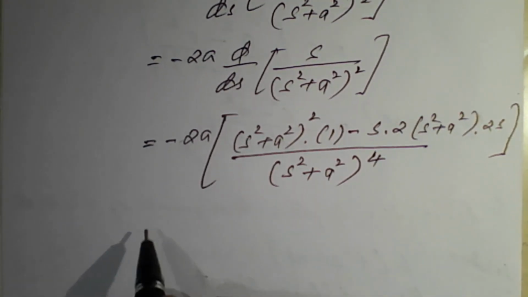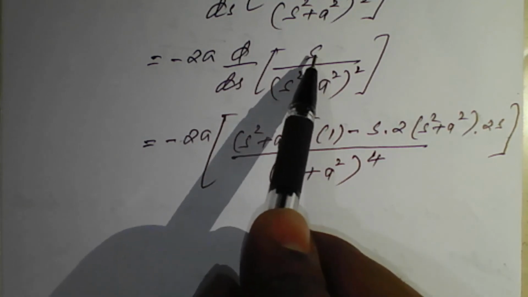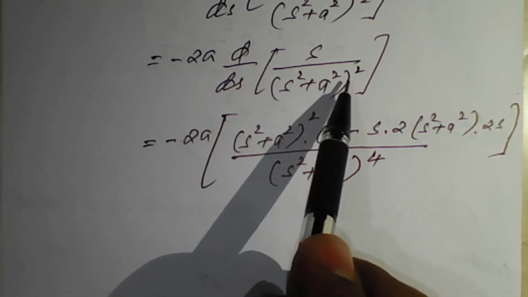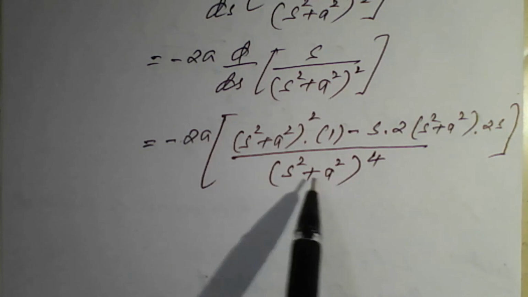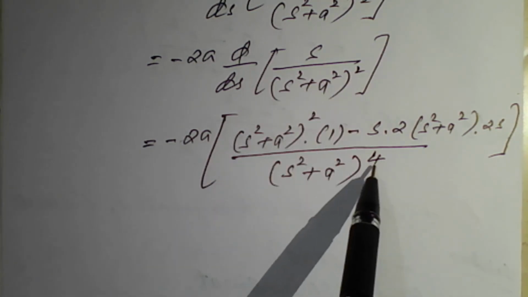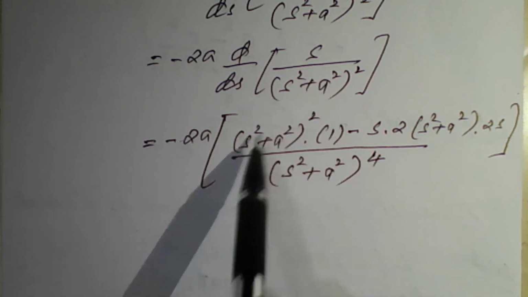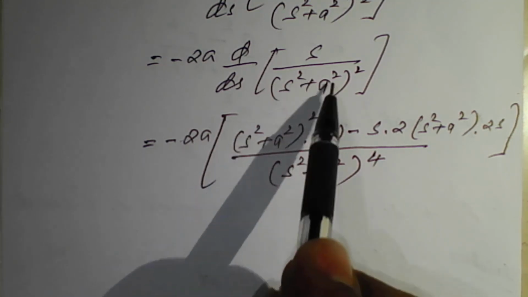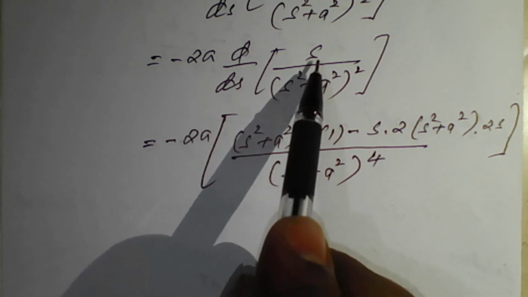So on final simplification, I will repeat. So s upon s square plus a square whole square will be what here, denominator square means s square plus a square, already we have square, if you square again it will become raised to 4. So denominator will keep as it is, that is s square plus a square whole square will keep as it is.